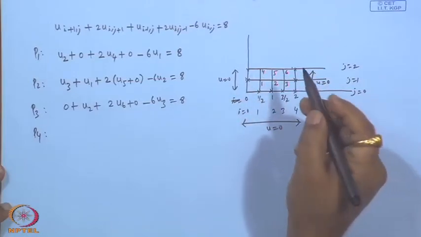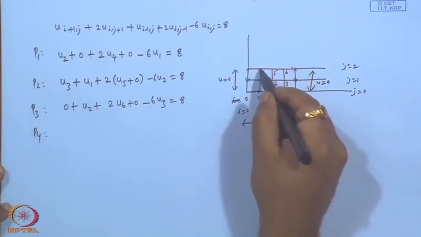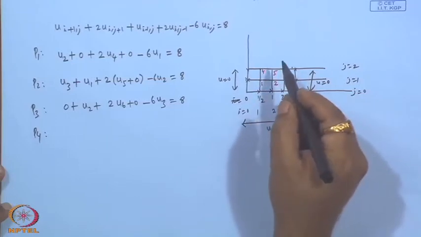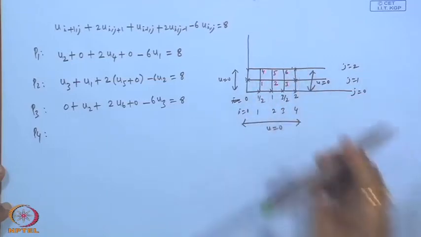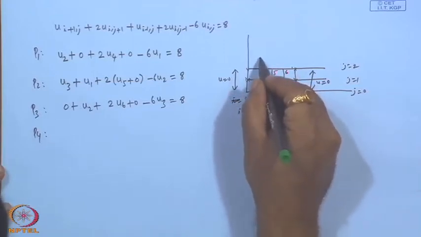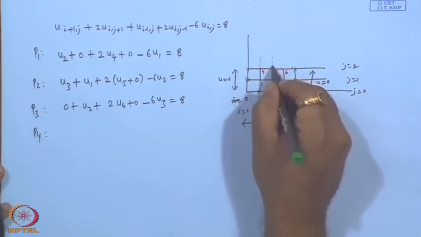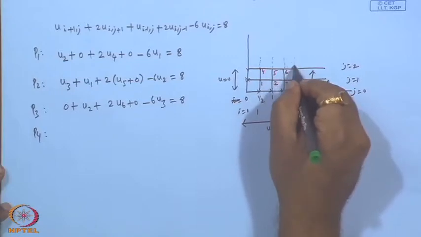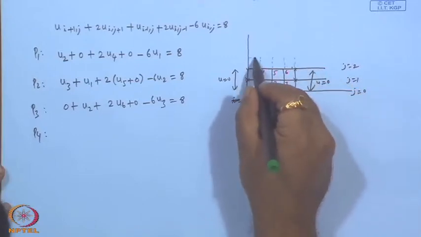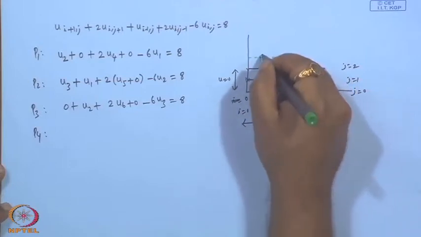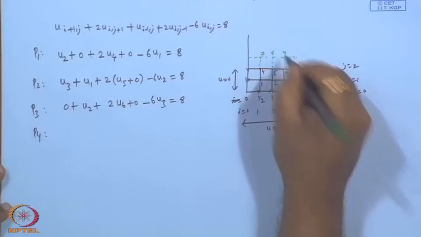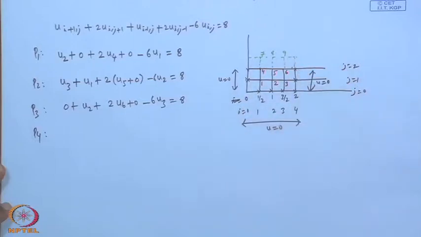Okay. So, P 4 if we use, remember what we get. So, we need to introduce fictitious grid. Okay. So, since we have numbered like this, let us number this 7, 8, 9. Okay.